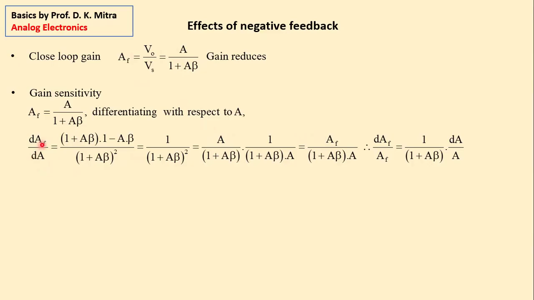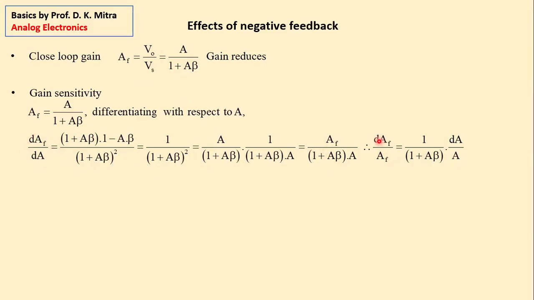So we can write dAF by AF, with AF cross multiplied, as equal to dA by A divided by 1 plus A beta. So what do we get here?